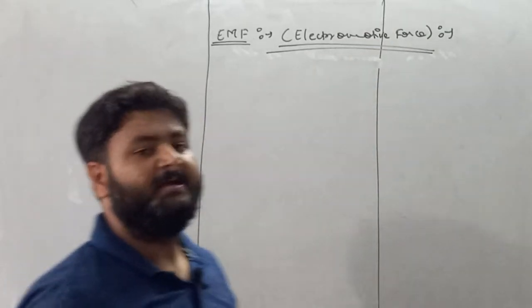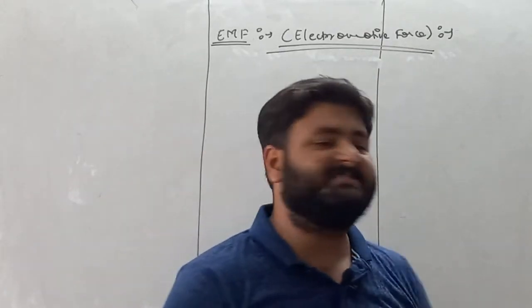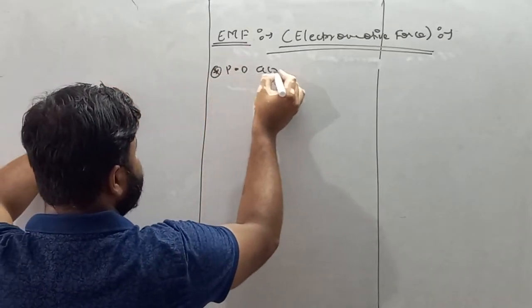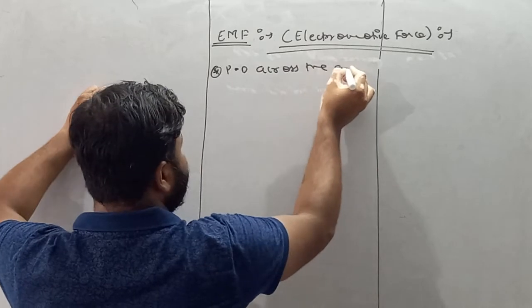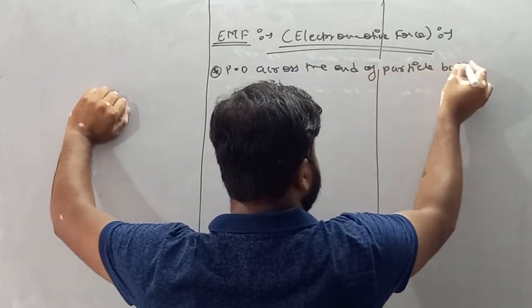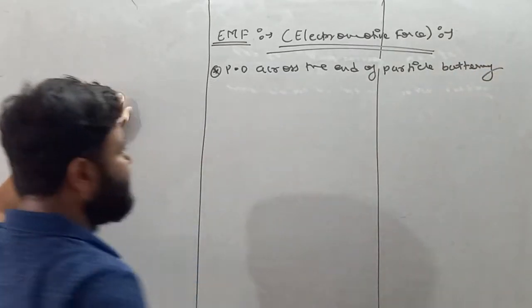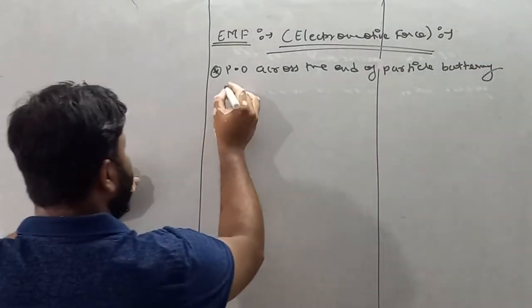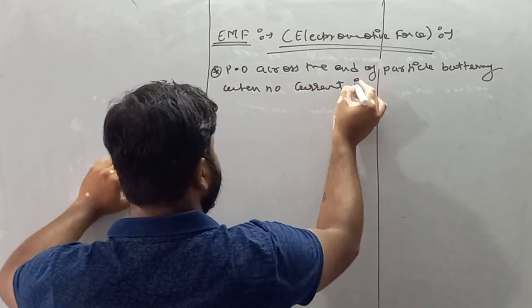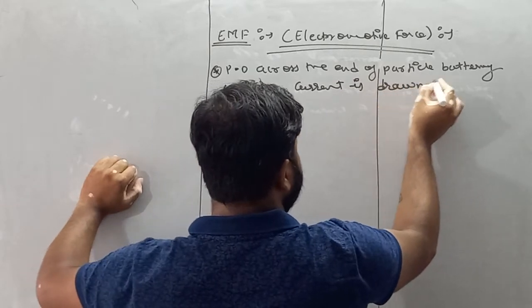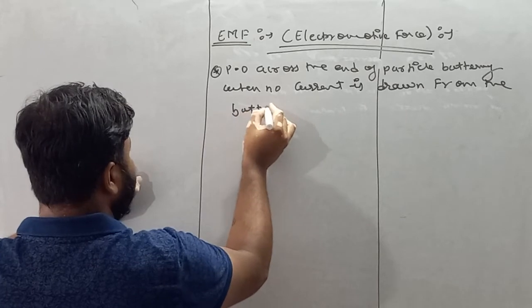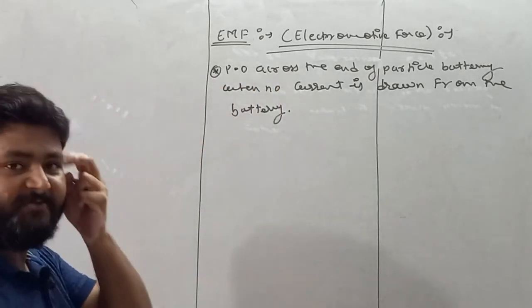This is basically the potential difference across the ends of a practical battery when no current is drawn from the battery.